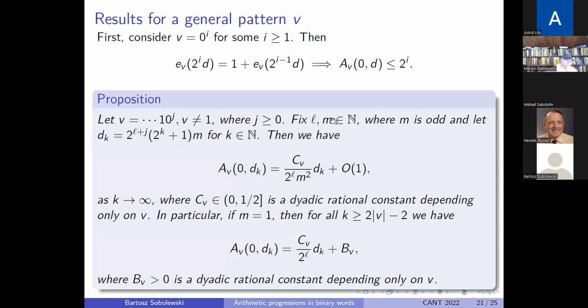And we can fix some differences d_k such that this value AV of 0, d_k behaves almost in a linear fashion with respect to d_k. And here we have some constant CV, which can be effectively calculated.